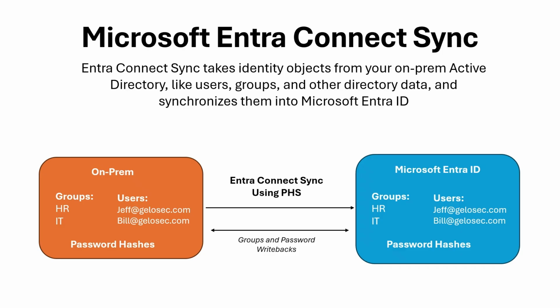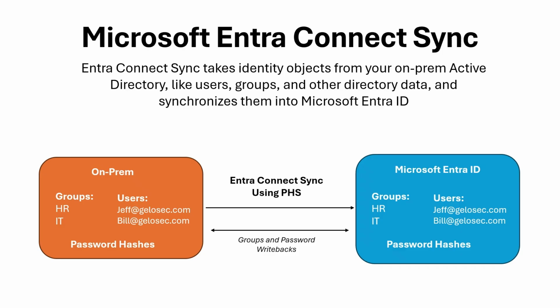If you enable password writeback and group writeback, identity changes can flow between on-prem and Microsoft Entra ID. With password writeback, password changes remain consistent across both environments, whether the changes happen on-prem or in the cloud.